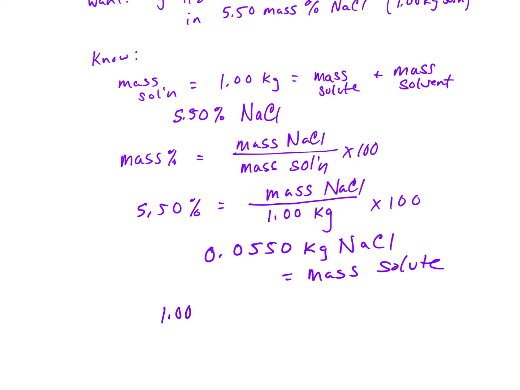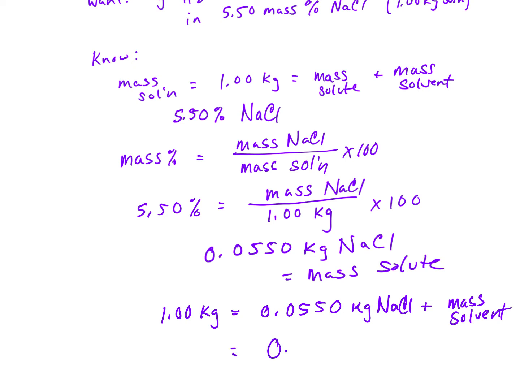We have 1 kilogram is equal to 0.0550 kilograms of sodium chloride plus mass of solvent, and solve for the mass of solvent. We get 0.945 kilograms of water, right?